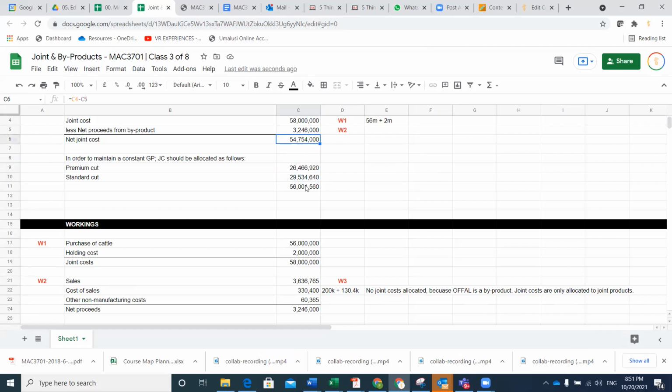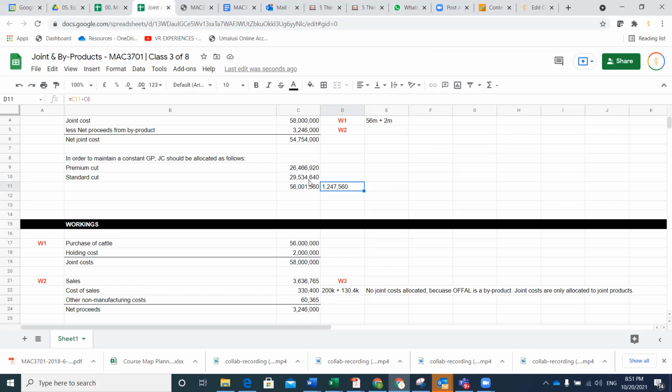So what we're probably going to have to do is limit this 56 million to the 54. And the difference will go against the byproduct. So this extra amount, 56 minus 54, that 1.2 will most likely have to be allocated to the byproduct in order to maintain the joint products at 10%.